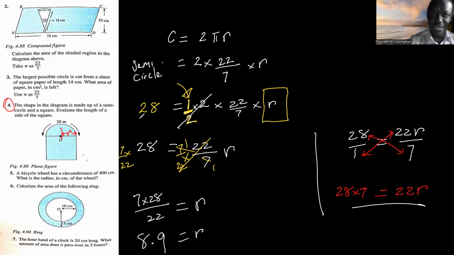So an entire side would be R times 2. So you have to say 8.9 times 2, and that gives you 17.8. That's your answer. So one of the sides is 17.8.